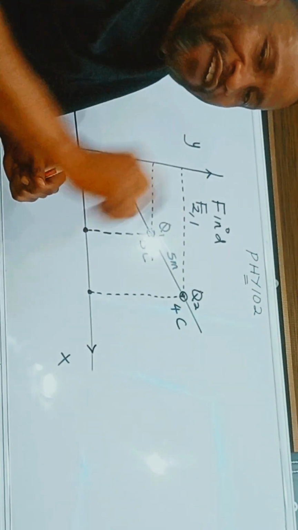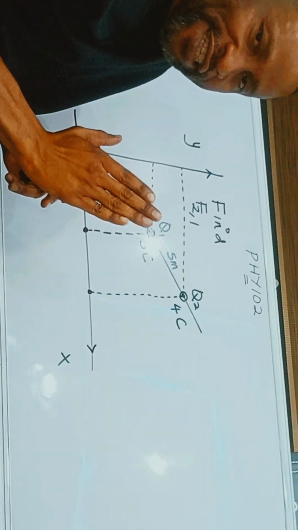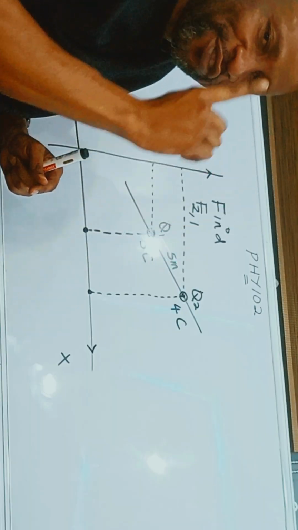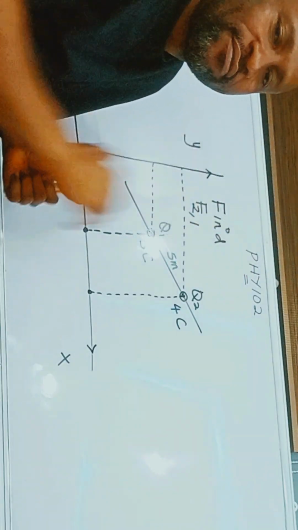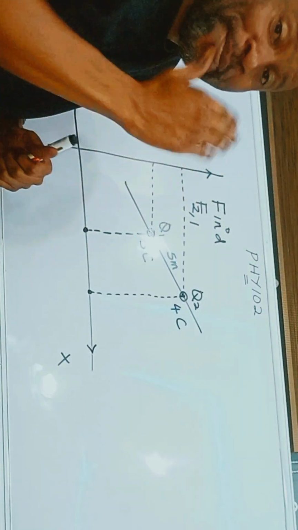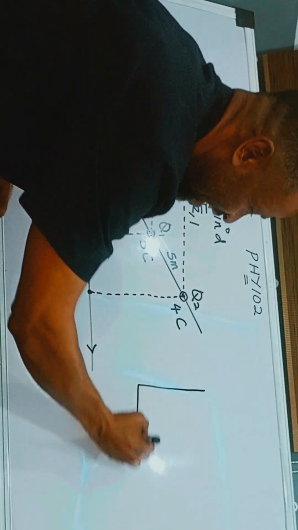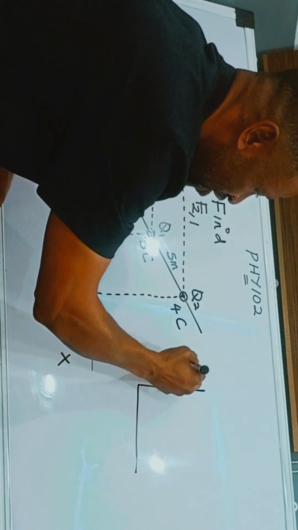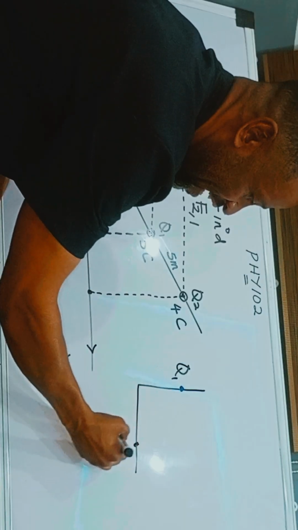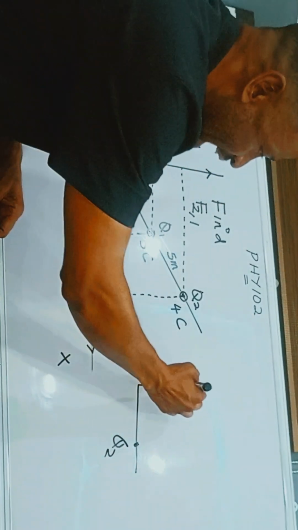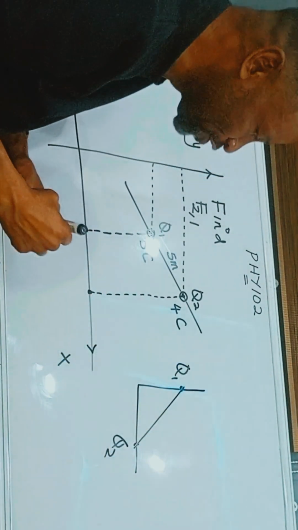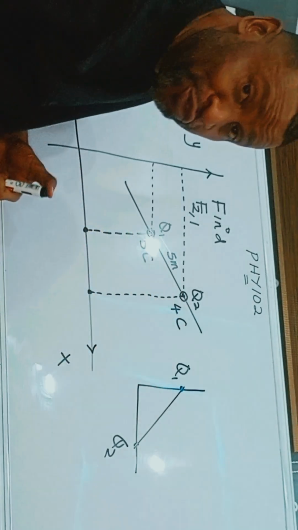Now, once you have charges located in a single straight line that is inclined, or in more than one straight line, let's say I have something like this. I put a charge here, call it Q1. Put another charge here, call it Q2. And I ask you to get the force on 1 due to 2.